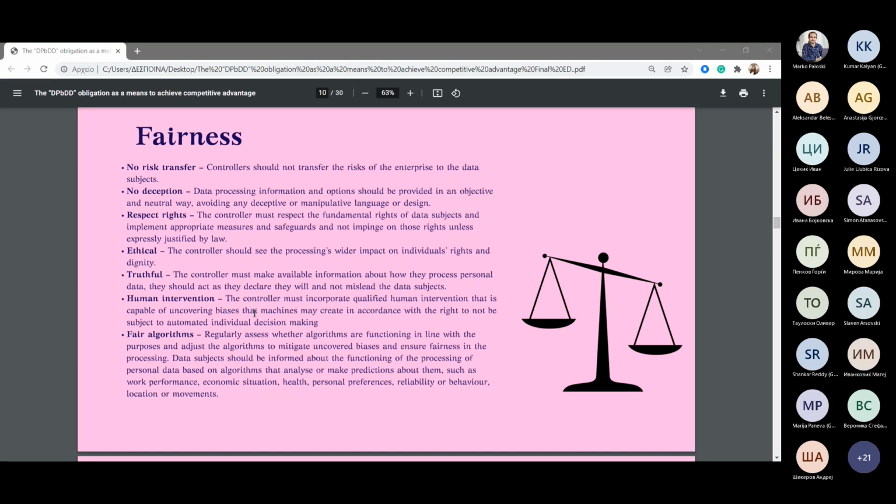Human intervention. The controller must incorporate qualified human intervention that is capable of uncovering biases that machines may create in accordance with the right to not be subject to automated individual decision making.